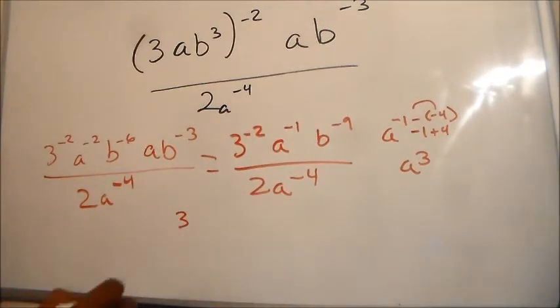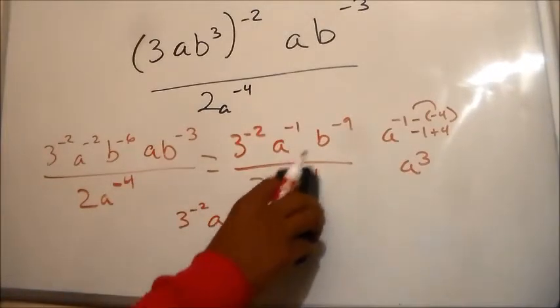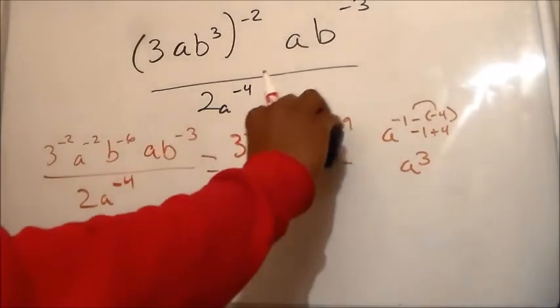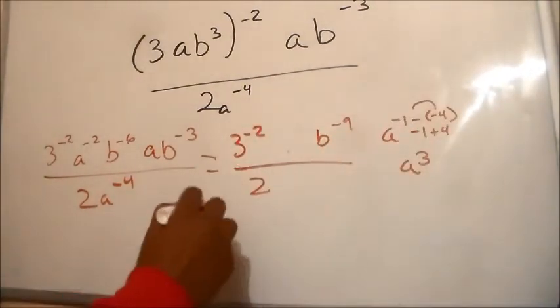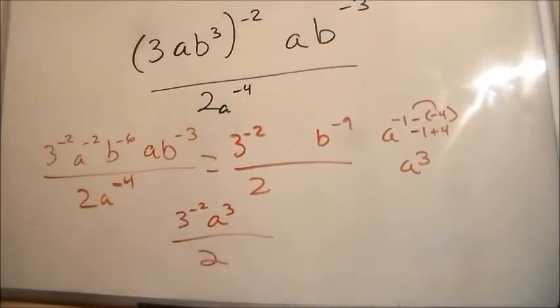3 to the negative 2, A cubed. This goes away because we worked that out. A cubed, and this is going to be over 2.